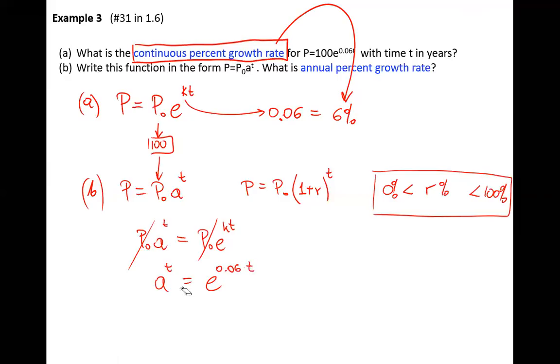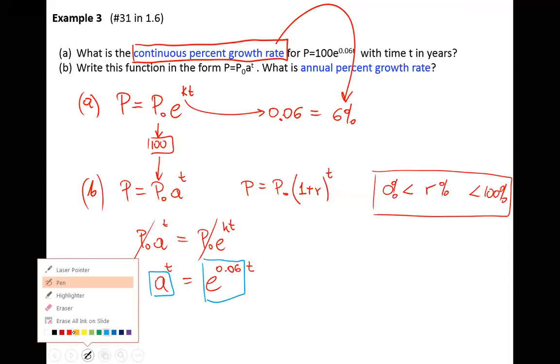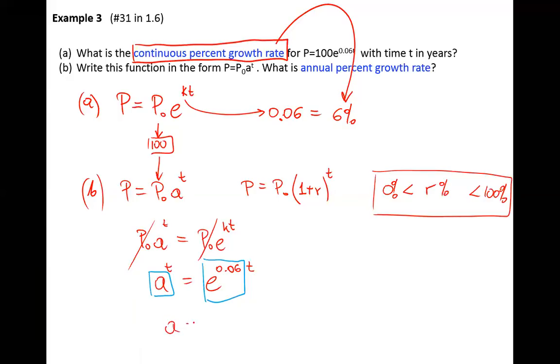Now we can see on the left-hand side I have a taken to the power of t. On the right-hand side, I have e to the power of 0.06 taken to the power of t. That means these blue boxes have to have the same value, which is a is equal to e to the power of 0.06.